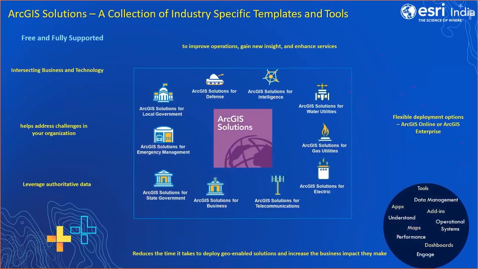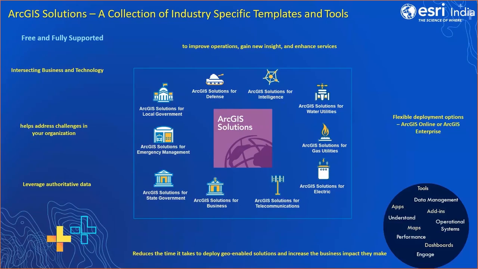To put it more simply, if you deploy one solution, it will give you a skeleton web app, an empty dashboard onto which you just have to load the data. And once the data is loaded, the dashboard will refresh automatically and it will become alive in a moment. So this makes deployment very easy. It reduces the time you take to deploy all your geo-enabled solutions and thereby helps you increase the business impact.